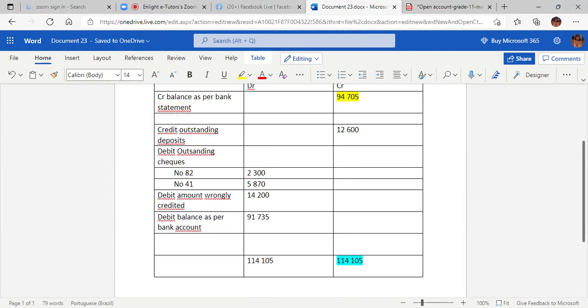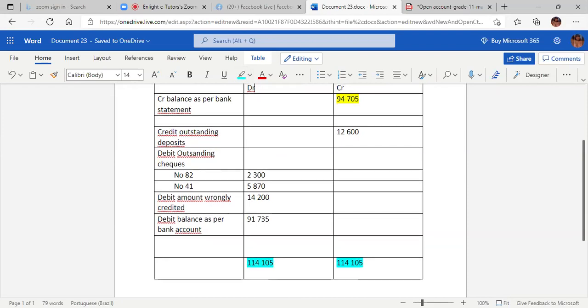So you're going to have to work on your credit side, find the balance here, and then find the balancing figure. When you found the figure here, you minus this.